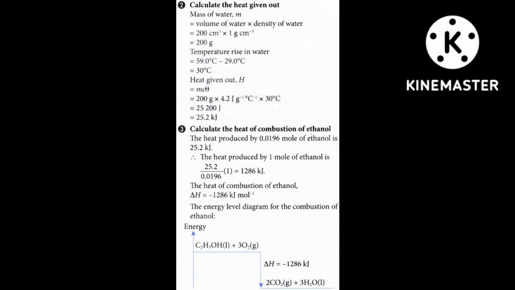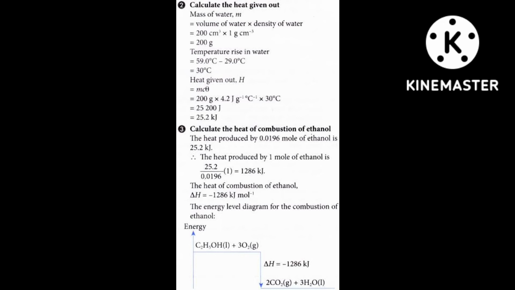Carbon and oxygen, CO2 will be formed. Correct? Then you have to write the reaction for this also. The very simple reaction: C plus O2 gives CO2, and the delta H value is given. This is the second equation you have written.